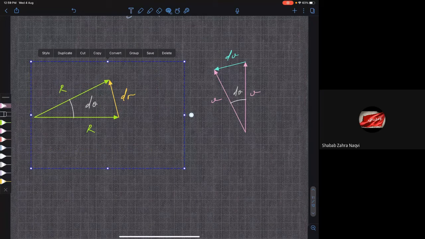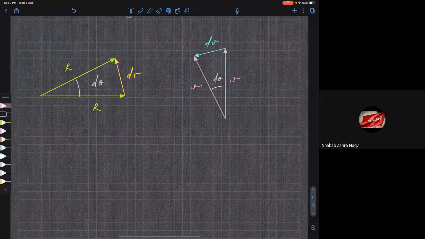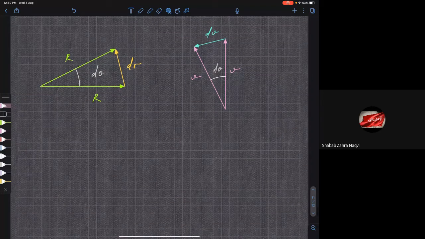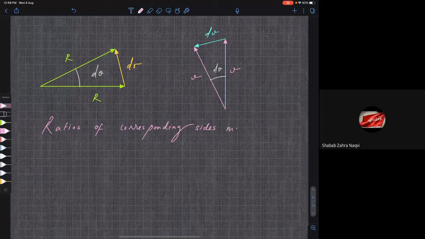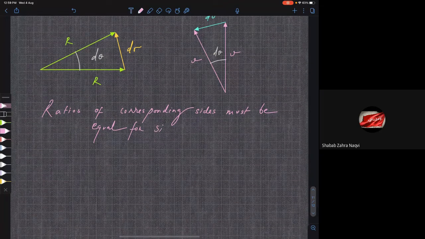Make it a little bigger. Now when you have two similar triangles, the ratio of their corresponding sides are equal. Do you agree? Must be equal for similar triangles.